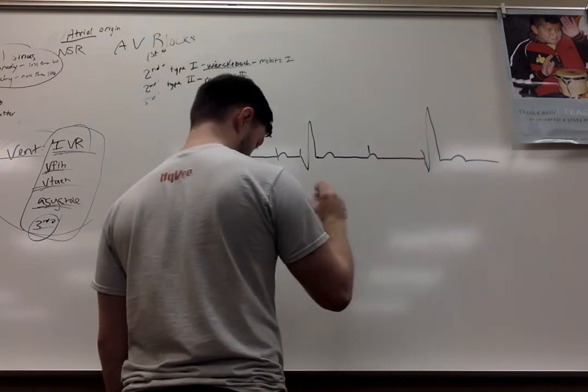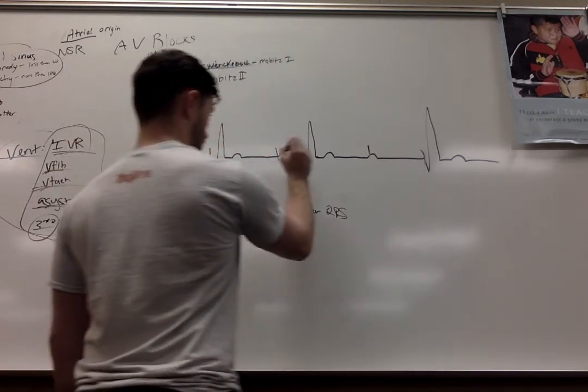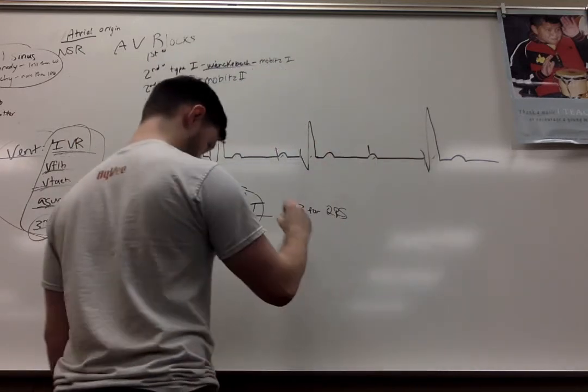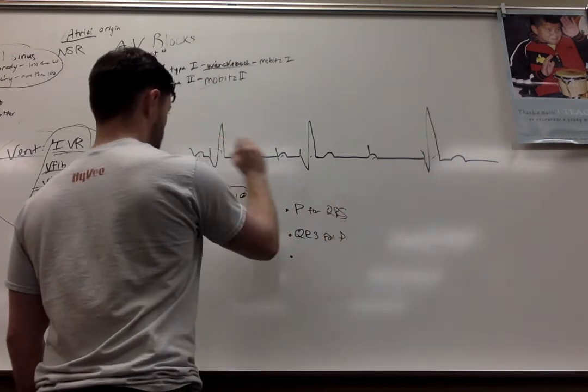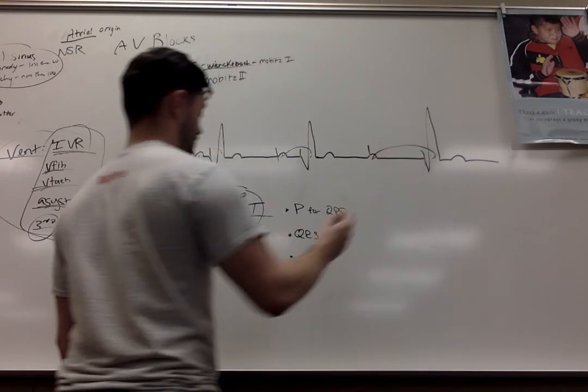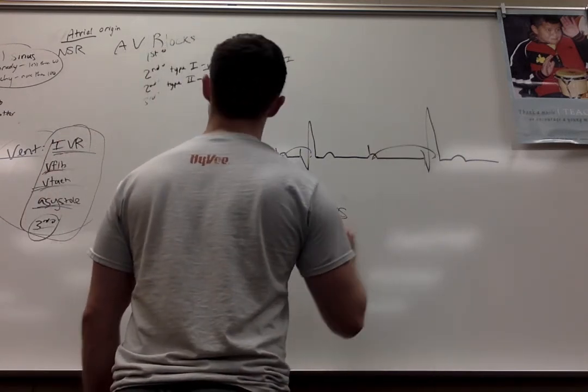You start looking at blocks. You have to do this in order. P wave for every QRS? Yes. Excuse me, QRS for every P wave? Yes. And it sounds silly, but believe me, it's going to get pretty crazy.